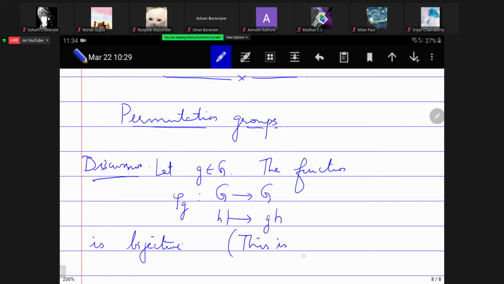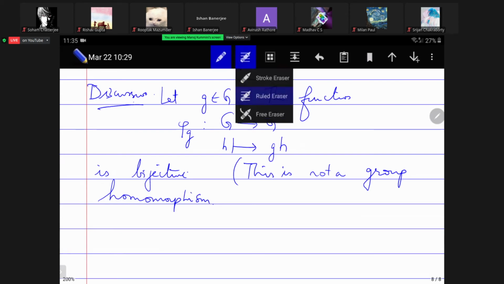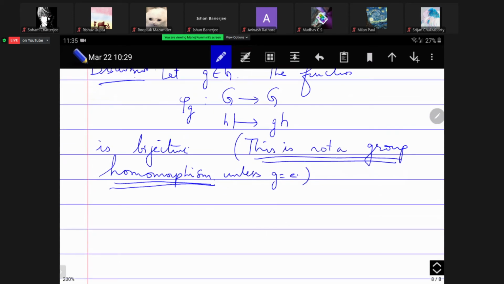So this is not a group homomorphism, unless g equals the identity. So in general, it's not a group homomorphism. But let us still look at this function. It is bijective.